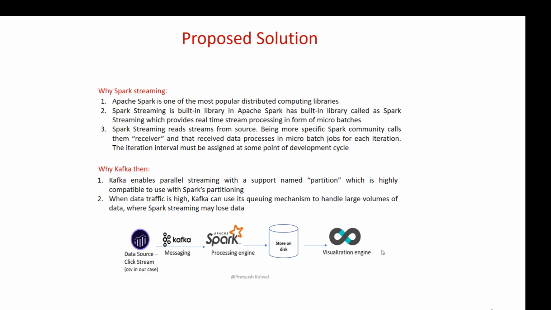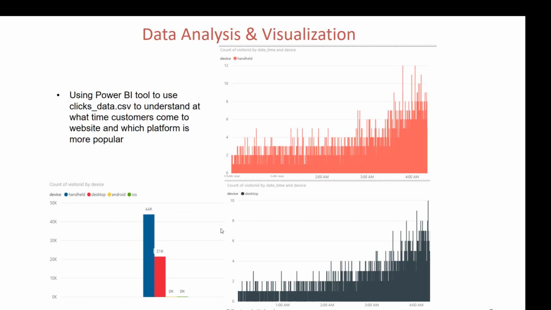Not only this, when you have a lot of data volume coming into the system, you want a proper queuing mechanism to handle it so you don't lose any data streams. And if you just use Spark streaming, you might lose data. That's why you want something which is effective messaging, and then you can process it through a Spark engine.